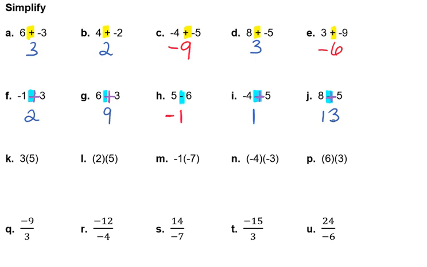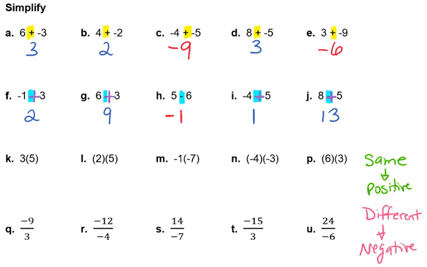Let's talk about multiplication. When we're talking about multiplying and dividing, there's a set of rules that we can use to help us out. When the symbols that we use are the same, that means that our answer is going to be positive. But when the symbols that we use are different, then our answer is going to be negative.